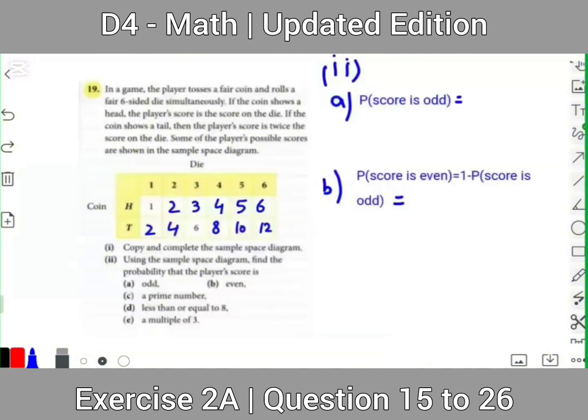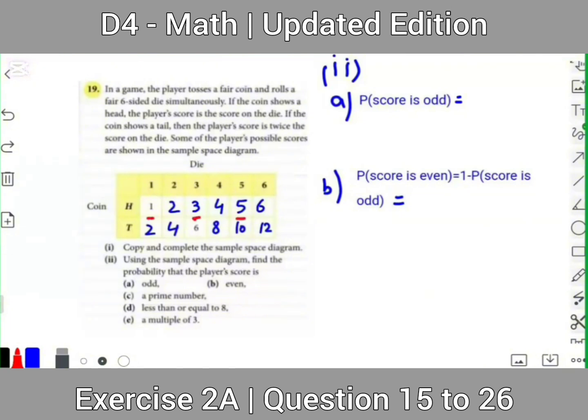Now in part 2, using the sample space diagram, find the probability that the player's score is odd. So in part A, we have to find the probability that the score is odd. First we will underline the outcomes that tell us the score is odd. So here we have 1, 3, and 5.